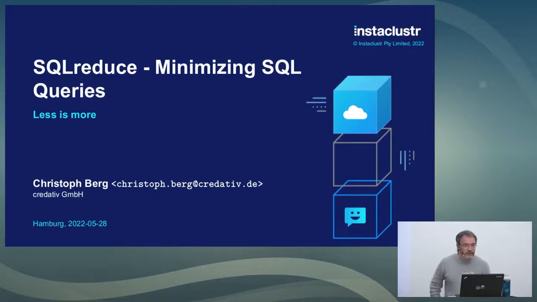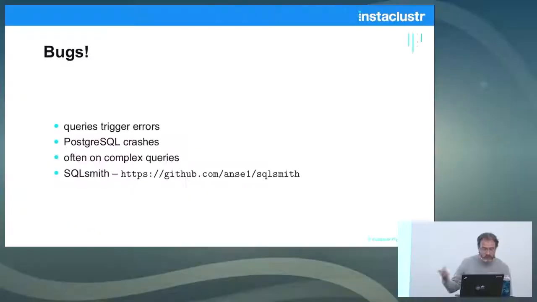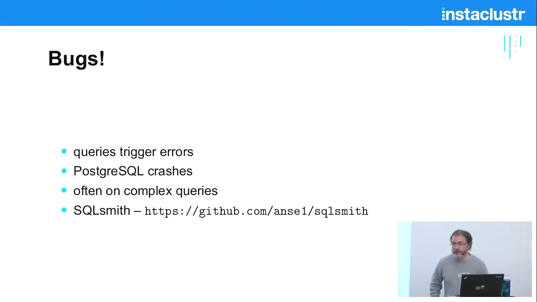It's a Postgres development topic, but I thought it might be interesting to show a bit of nifty things that you can do when doing quality assurance on software. So the whole thing is about bugs, mostly in the Postgres database server.